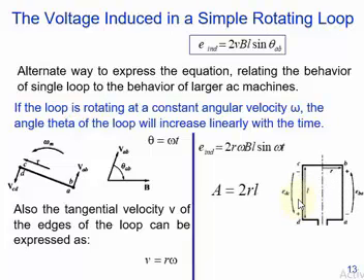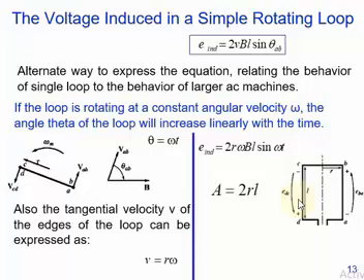But from the loop we know that the length is equal to L, but the radius is r, and the width would become 2r. If width is 2r, then the area of this loop would be L into 2r.